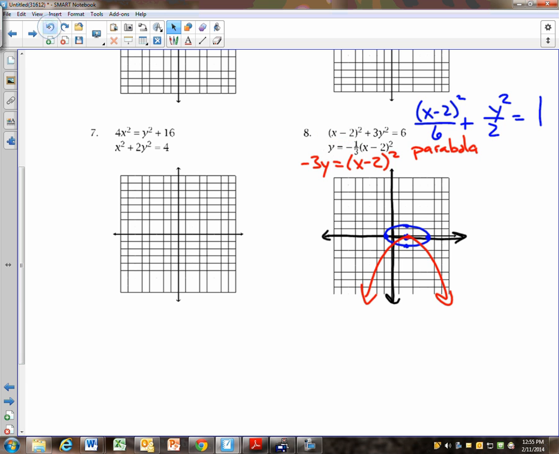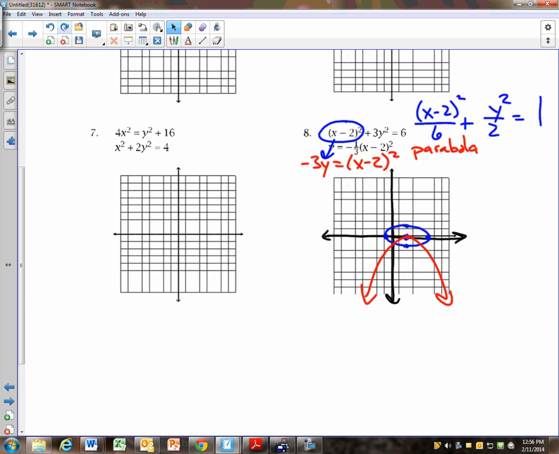Watch. I won't even write it. I'll just advance forward. All right, so I have an x minus 2 squared, right? And so what I want to do is I multiply both sides by negative 3, and I get a negative 3y. So you can now see I have an x minus 2 squared, and I have an x minus 2 squared. So what I'm going to do is I'm going to take that x minus 2 squared, and I'm going to plug in for it negative 3y.